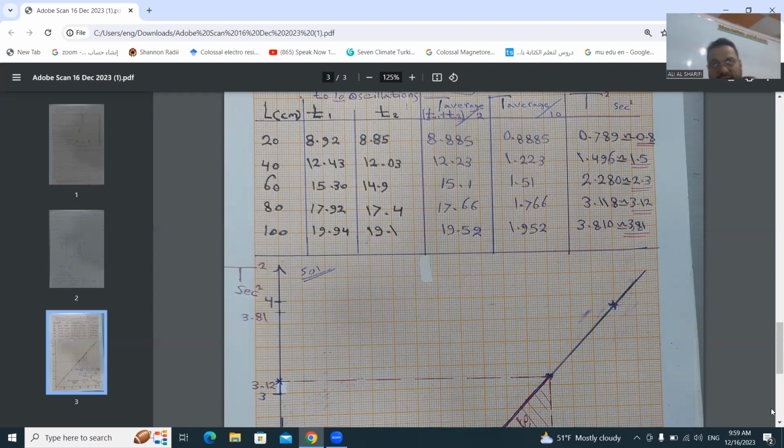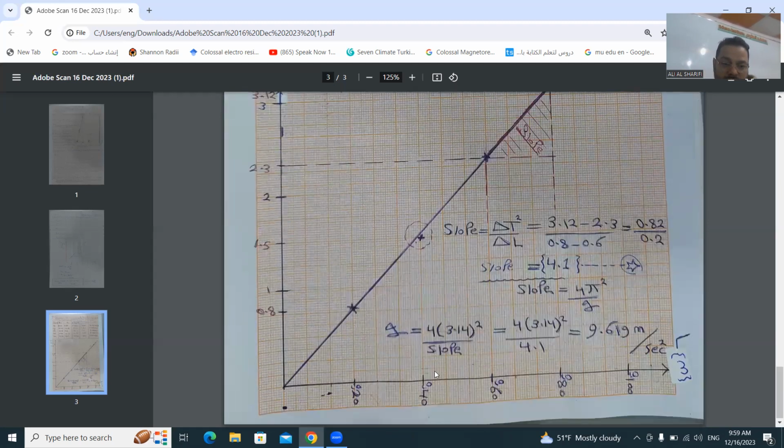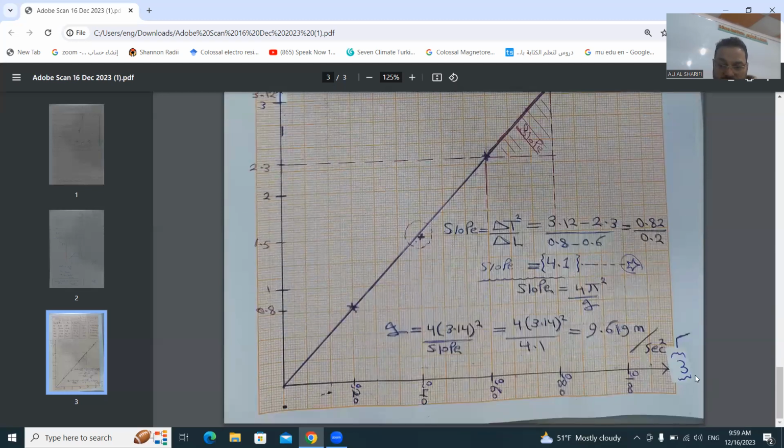That means my highest point will be equal to 4. You can divide the other results comfortably. 0.8, 1.5, 2.3, 3.11, 3.81.